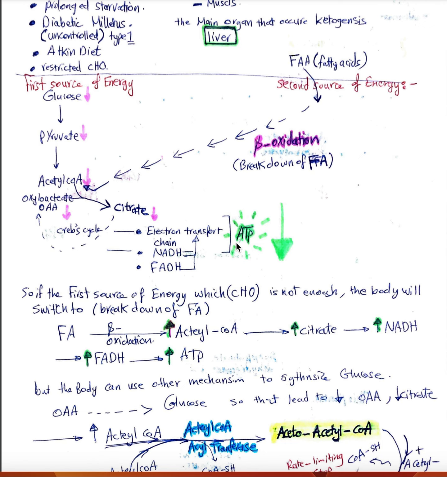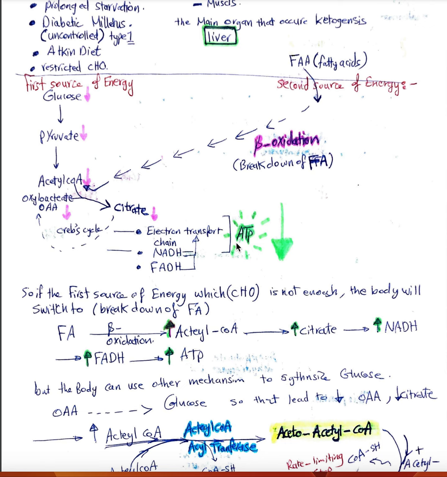Again, glucose is transformed to pyruvate, to acetyl coenzyme A, combined with oxaloacetate, and then citrate, which enters the Krebs cycle, leading to the formation of ATP.